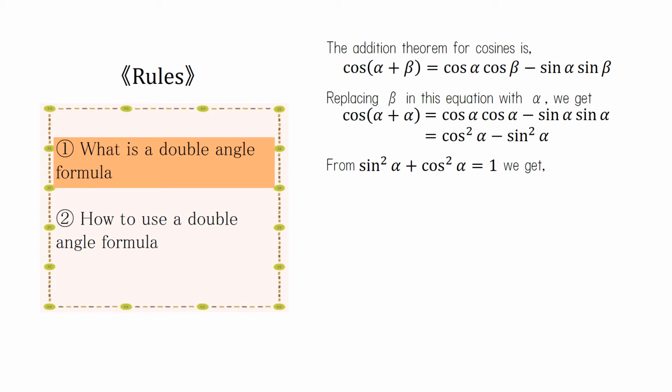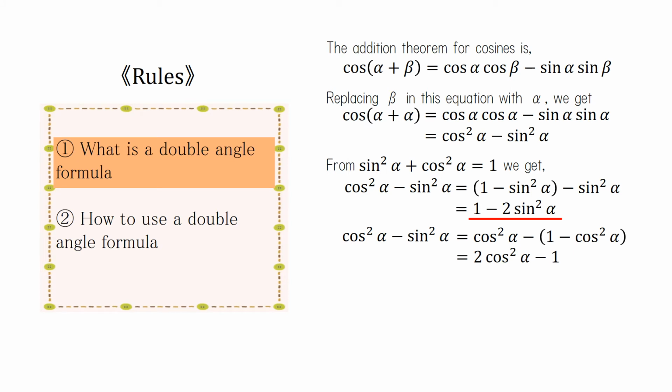From sine squared alpha plus cosine squared alpha equals 1, we get cosine squared alpha minus sine squared alpha equals (1 minus sine squared alpha) minus sine squared alpha equals 1 minus 2 sine squared alpha.